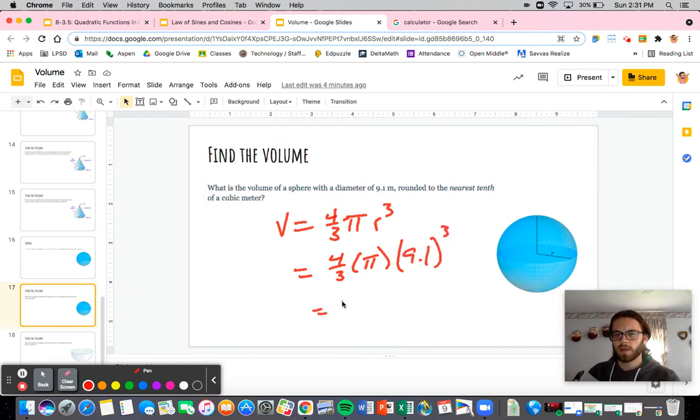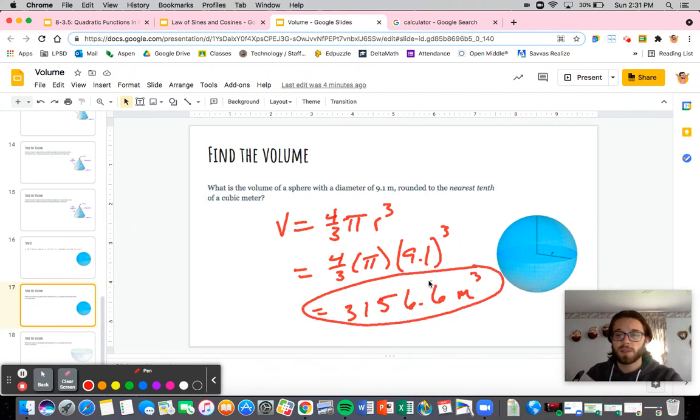So let's plug that into a calculator. 4 divided by 3 times pi times 9.1, not squared, but cubed. And you get 3,156.6, and that is meters cubed. It's a very big answer, but that's okay.